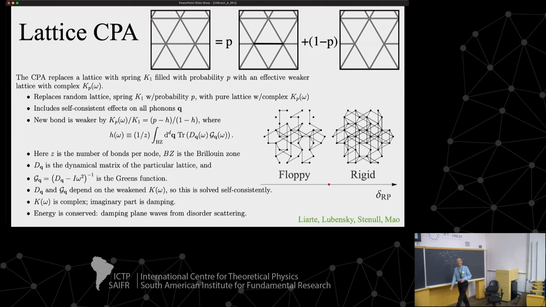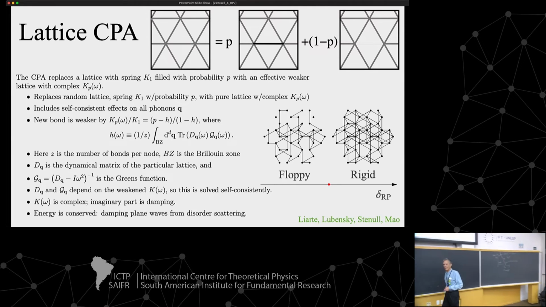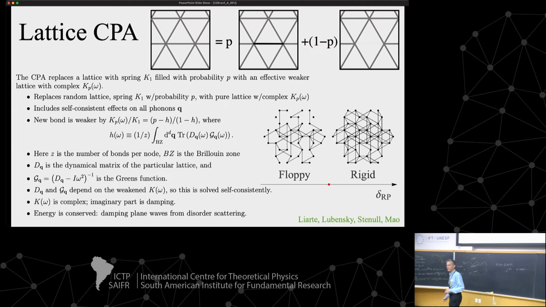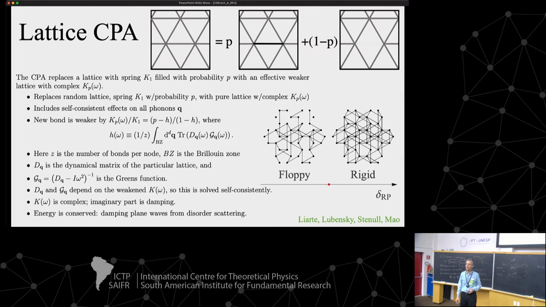Yeah, just to make sure I understand the picture, are you looking at the P at which the bulk modulus of the effective spring or the effective sheet goes to 0? Yeah, right. So there's only one hole or one bond, and we're looking at this effective one hole.